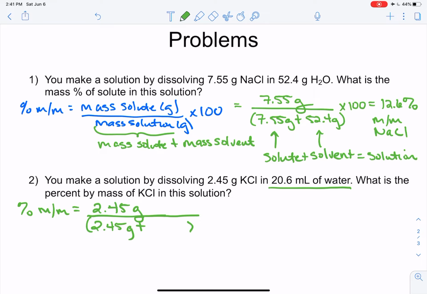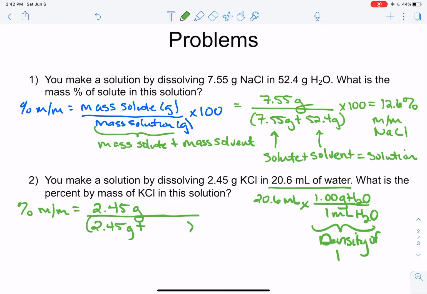But if there's anything that you remember from this class, I want it to be that the density of water is what? It's a really easy number. It's 1. So what we can do is multiply the volume of water by the density of water, and what we have is 1 gram of water for every 1 milliliter of water, and that's the density of water.